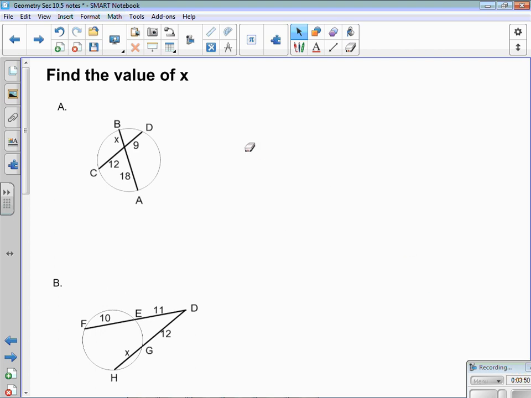All right, I'm going to find the value of x here. We have two chords intersecting. The rule is that if I multiply the two parts together of one chord, that should equal the product of the two parts of the other chord multiplied together. So we got x times 18 should equal 12 times 9.